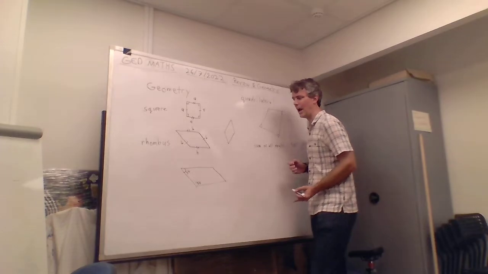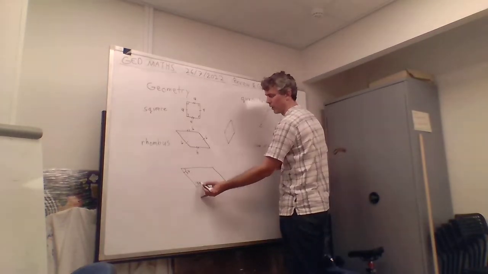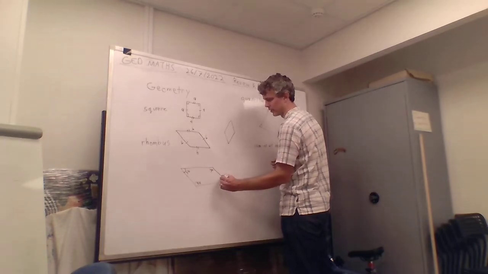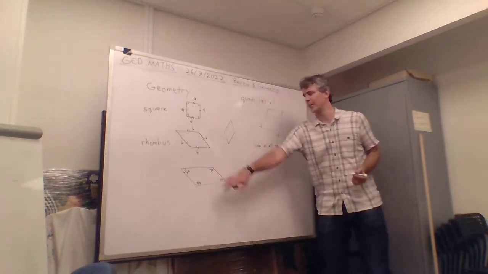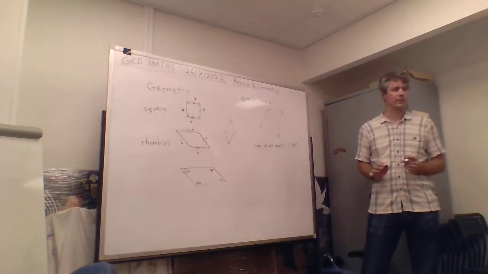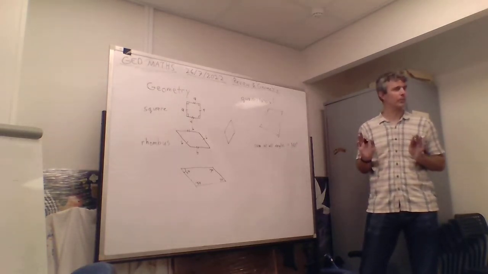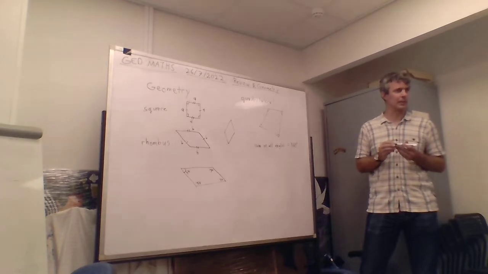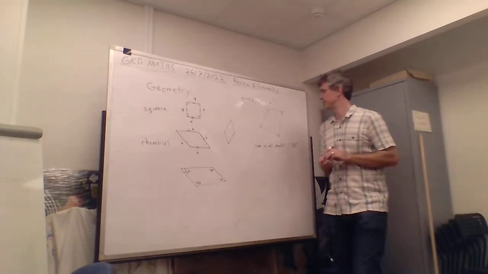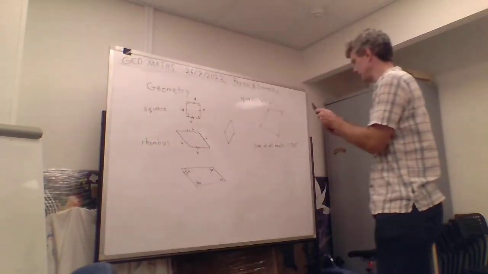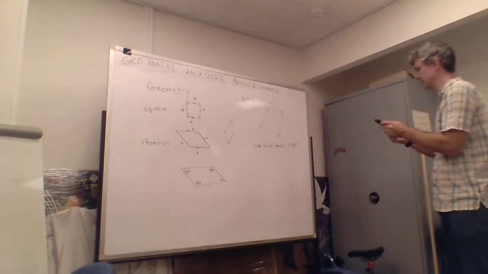And if this is 150, this must be 150, and this one must be 30. And they all together add up to 360. These are kind of tricks we use to solve them. That's some of the questions you'll be getting. Okay, that's it for quadrilaterals. Let's move on to the next section.